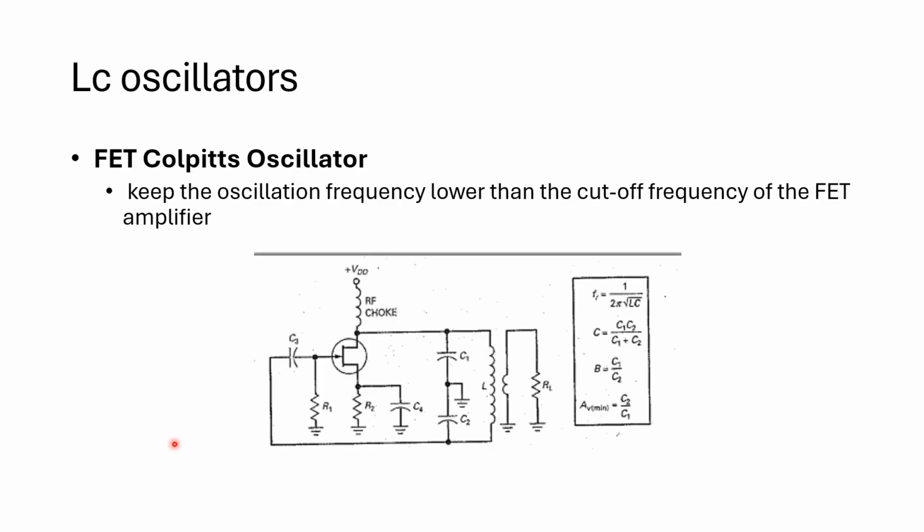We also have the FET Colpitts oscillator, just the same as the circuit a while ago. However, we use a FET instead of a BJT here. This keeps the oscillation frequency lower than the cutoff frequency of the FET amplifier.